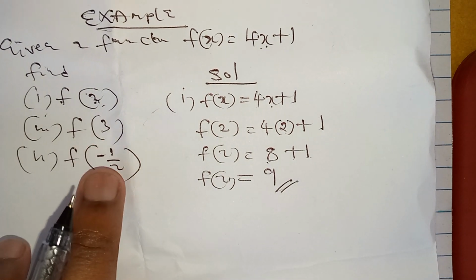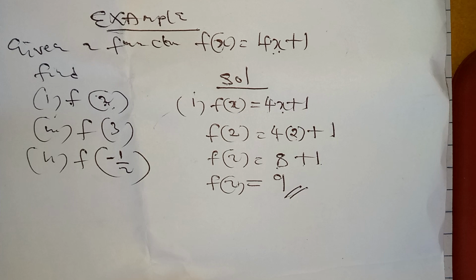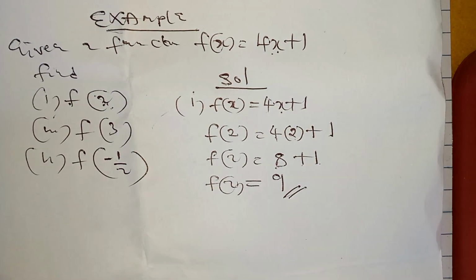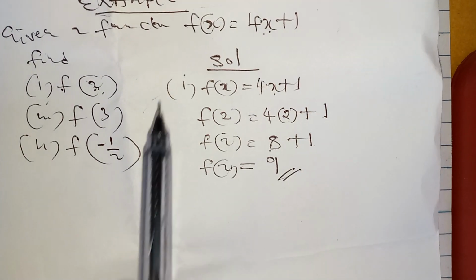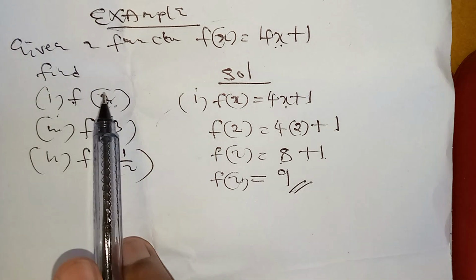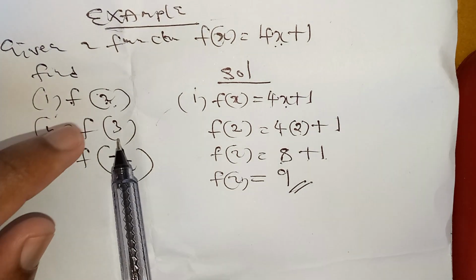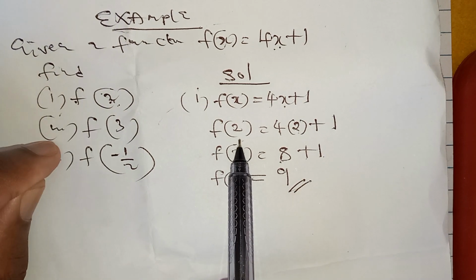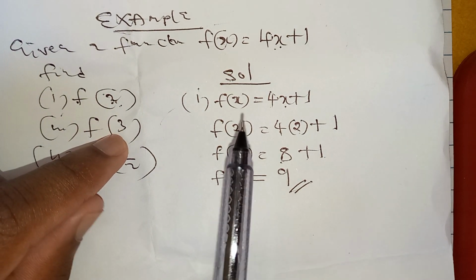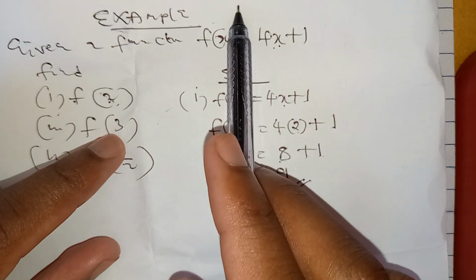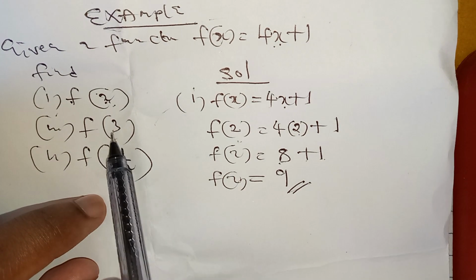No matter how the function is, so long as you have f of 3 or f of 2, where there's x, you substitute. For the first one we substituted 2. For the second one, f of 3, that means in this original function, where we have x, we substitute with 3.